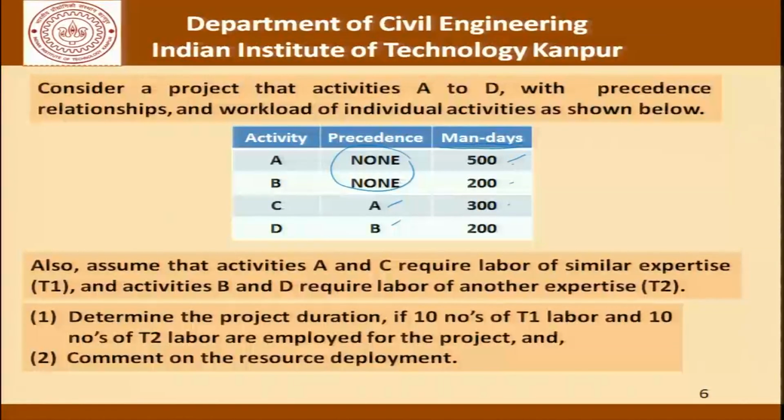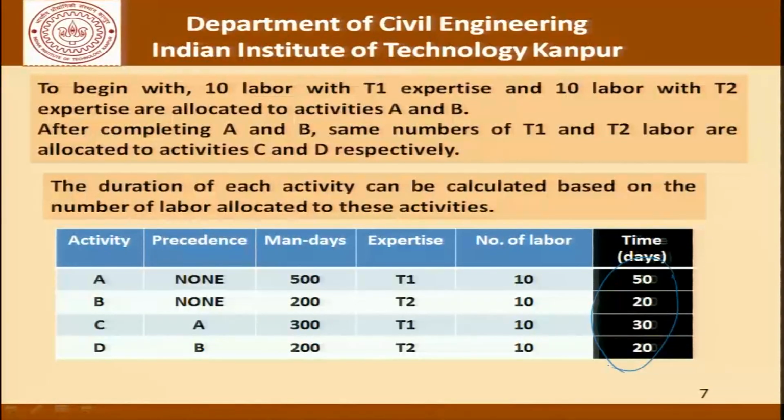What we tried to talk about was that if we allocate, let us say, 10 laborers of T1 expertise and 10 laborers of T2 expertise, how will the project planning be done? Once we assume that there are 10 workers with T1 expertise and 10 workers of T2 expertise available to us, we can find out that the time required to complete this project is 50 days for activity A, 20 days for activity B, 30 days for C and 20 days for D. This is nothing but the man days divided by the number of laborers.